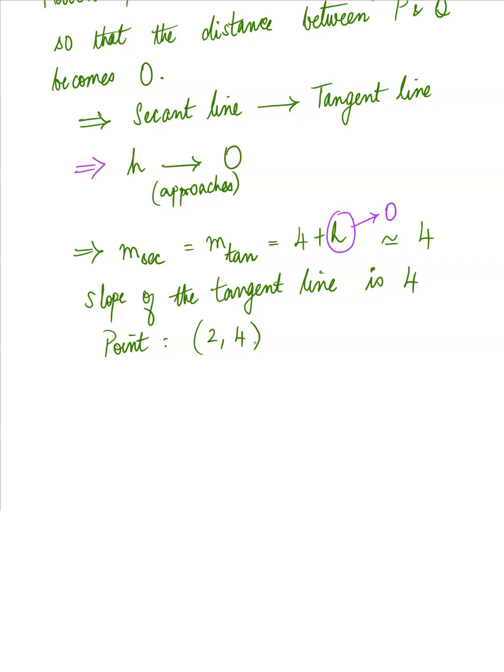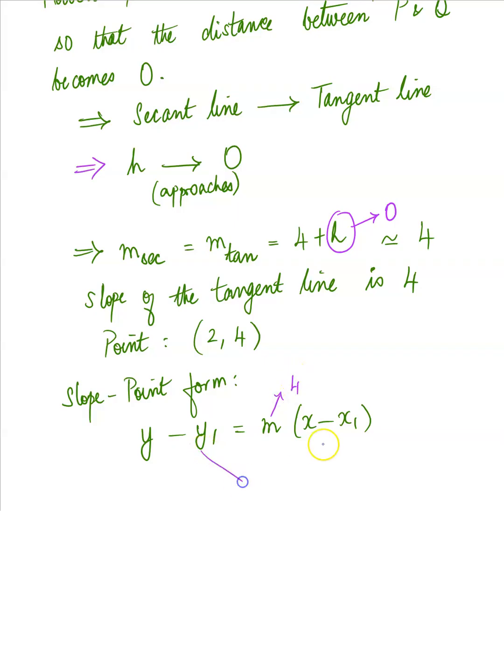And so now we can use the slope-point form, again back to algebra, which said y minus y1 equals m times x minus x1. Remember, it's a tangent line, so it's a line, and you're using the formula related to the line. So you have m to be 4 and your (x1, y1) to be (2, 4).